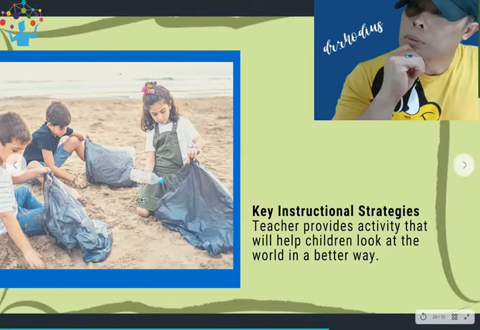What you see here in the picture, children are picking up dirt and rubbish from the sea and organizing it. This is a very concrete example of how we can connect what is happening in the classroom, building experiences, creating an opportunity to add up, to construct experiences that will be helpful for them to see the world in a better way.